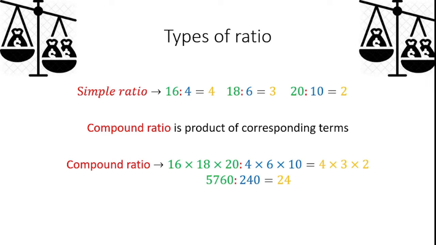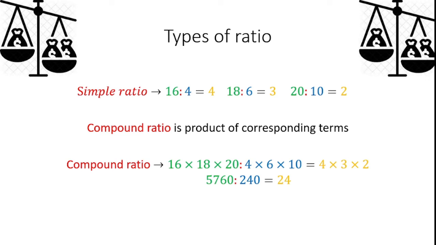Here I collect the first quantity from each simple ratio, in green color: 16 into 18 into 20. I keep this on the left hand side. Then I collect the second quantity from each simple ratio, in blue color: 4 into 6 into 10.